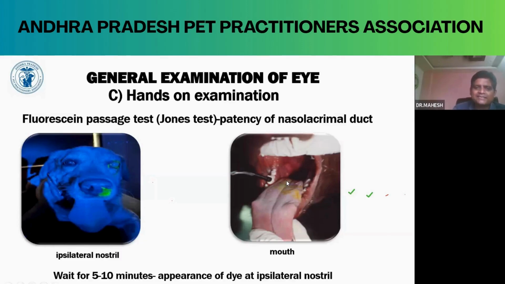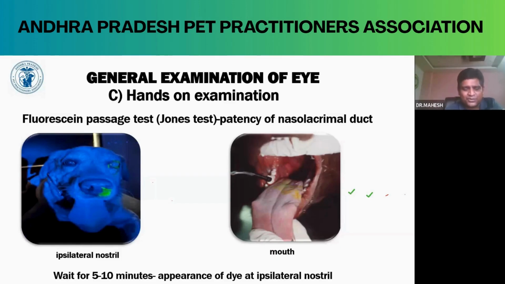In rare cases, you will observe the dye within the mouth also, because the posterior nasolacrimal duct opens into the nasopharynx. I haven't observed the second image, with dye in the mouth, but I have appreciated it whenever there is patency.